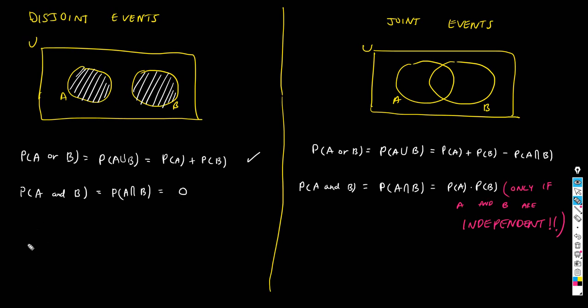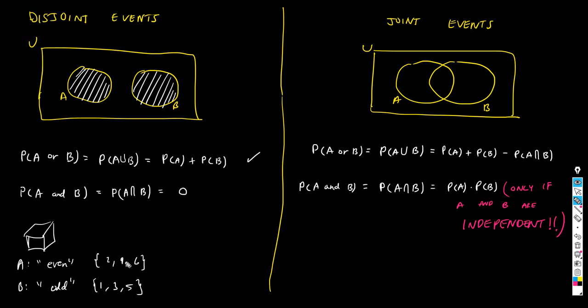Let's go back to the experiment of the die. In here we can define the events A and B, where A is the die comes even, and the event B is the die comes odd. What are the individual outcomes for each event? For even we have 2, 4, and 6, and for odd we have 1, 3, and 5.